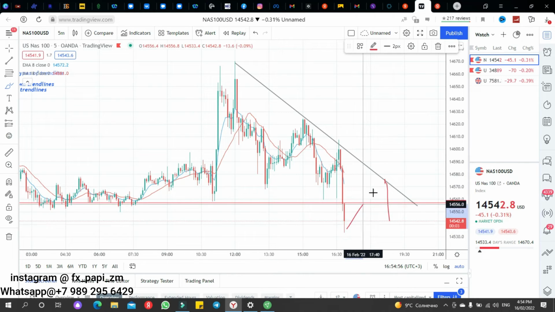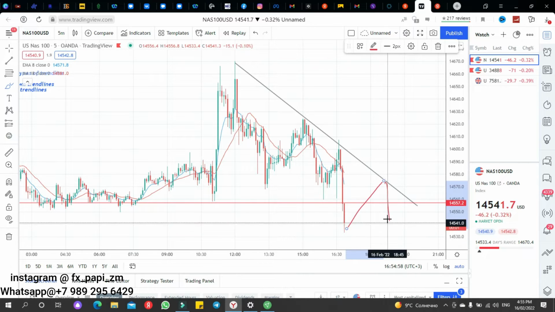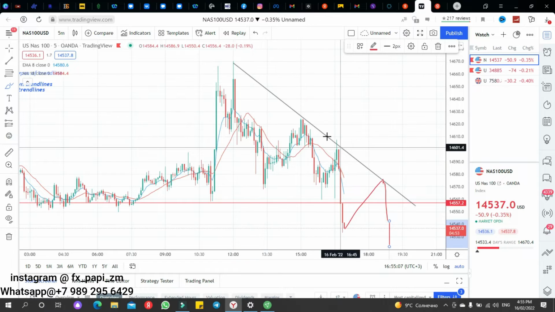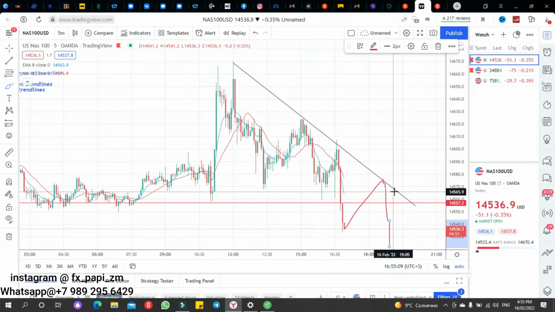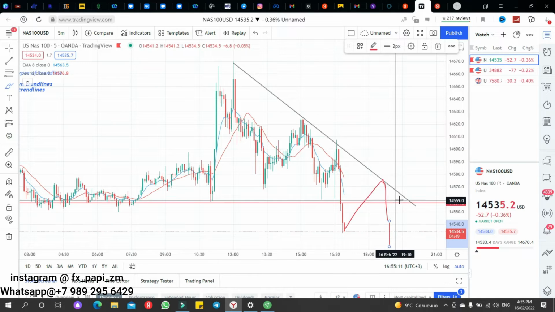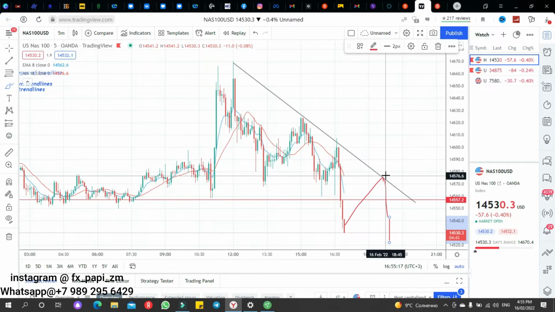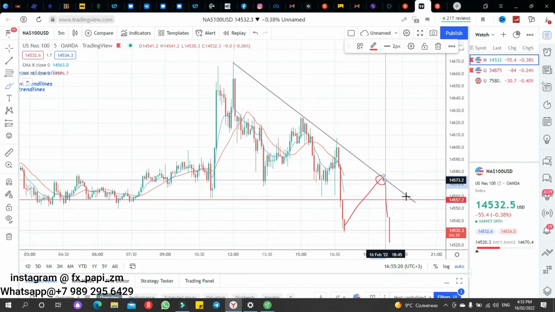It can come and bounce down here. You see, that's where it is. So for me, since we're in a downtrend line, every time when the market comes to this area or to this trend line, I'm going to be looking for selling opportunities only.